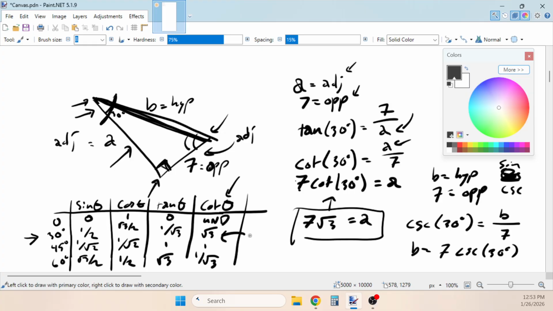Cosecant is 1. So cosecant 0 is undefined, and cosecant is the... But we can look at 30.